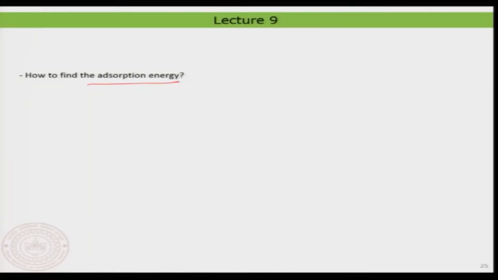In this lecture, as I already told you in the previous lecture, we are going to determine the adsorption energy experimentally. So far, what we have been doing is looking at the possibility of adsorption energy and the range of adsorption energy that you are going to get, and we have already seen that depending on the adsorption sites and the add layer structure that is forming, you can have different types of adsorption energy.